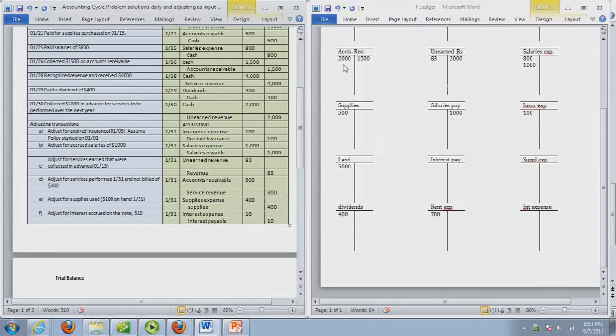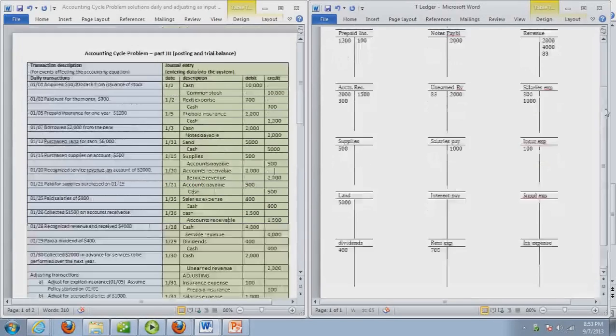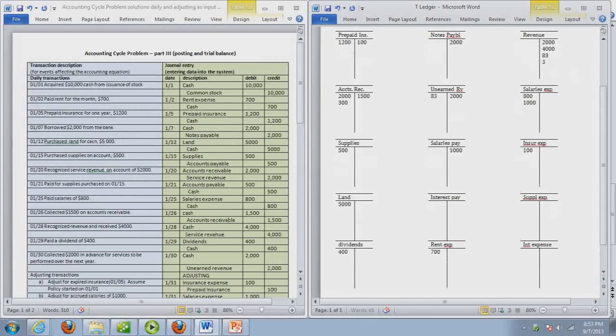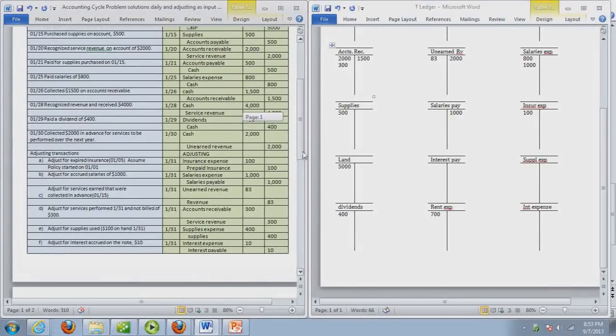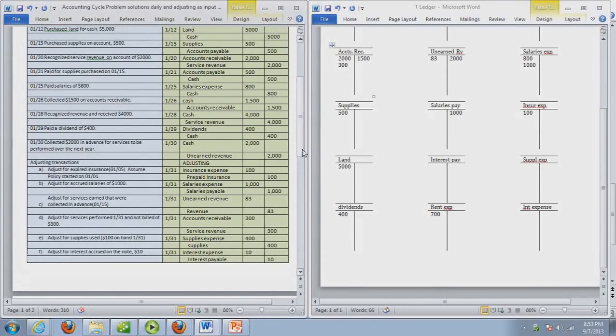Accounts receivable goes up with a debit, and that's $300. And service revenue is increased with a credit, $300. And let's see. We have supplies expense, supplies for $400. So supplies is going to go down for $400, and supplies expense is going to go up for $400.